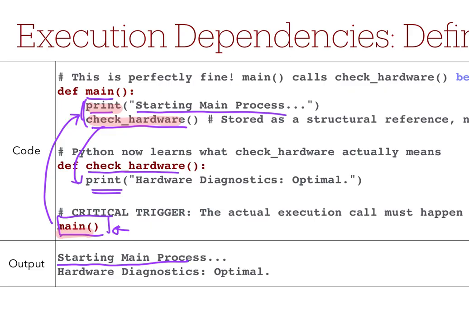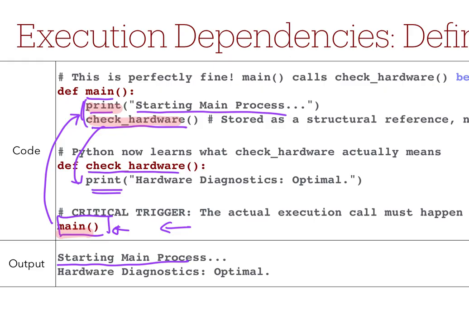And then when you call the main function, you will go inside the main function and execute line by line. When you actually execute those lines, at that point, the functions executed inside the main function must be defined before they are called. But when I call this function, those two functions, main and check hardware, are already defined.